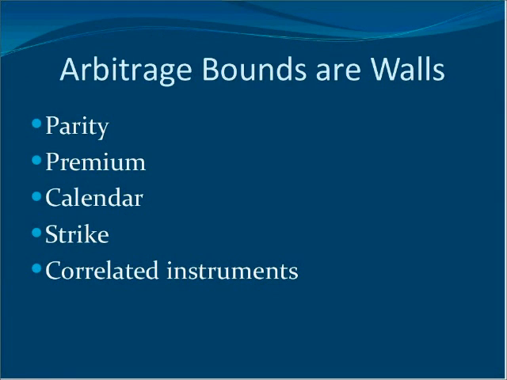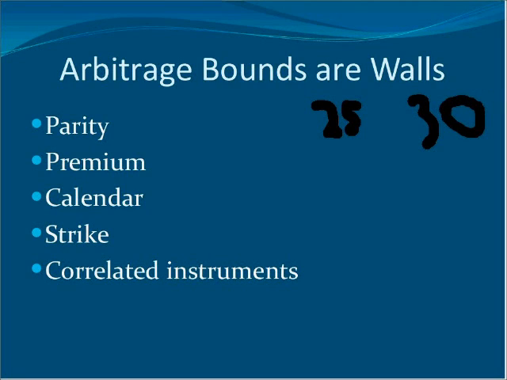Arbitrage found. One of the arbitrage bounds is parity, which is the difference between the strike and the underlying price. So if we have a strike of 25 and an underlying price of 30, parity is $5. Then there's premium, which is how much we pay above parity for an option.